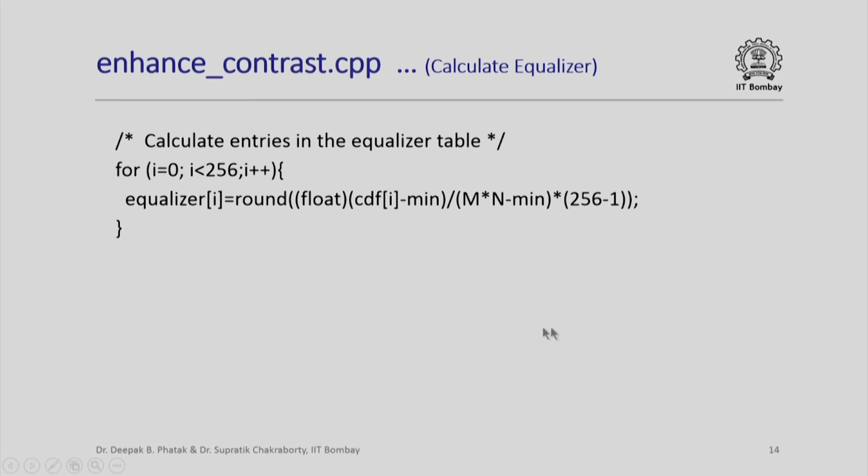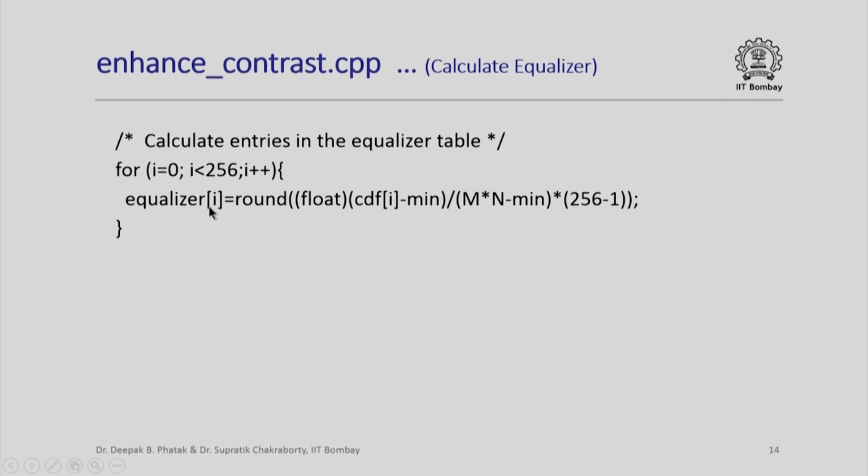Having done this, I am now ready to calculate entries into the equalizer table. Remember the formula: rounded value of (CDF i minus min) divided by (m into n minus min) into (256 minus 1). Please note that I convert this value into float to ensure that I get a floating point number, which then is rounded off, and this rounded value is assigned to the equalizer element.